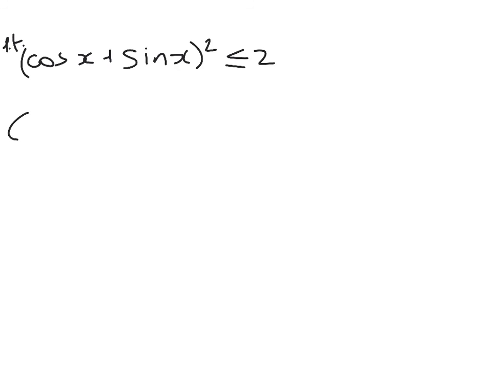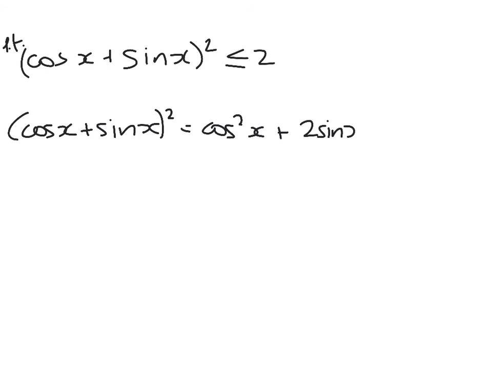Okay, so on the left hand side, cos x plus sine x, squared, is equal to cos squared x plus 2 sine x cos x plus sine squared x.